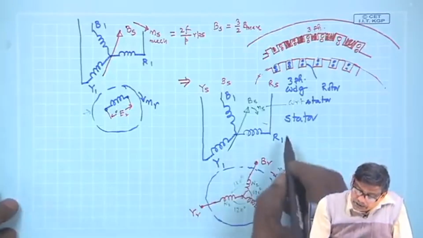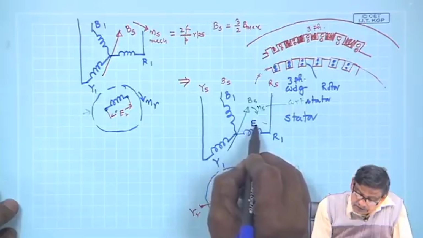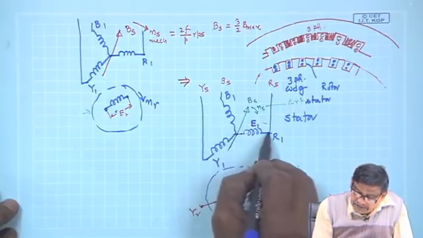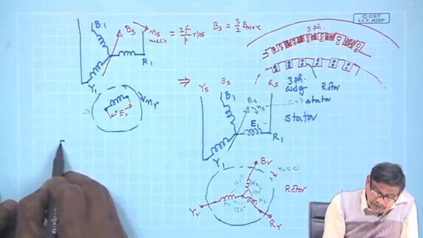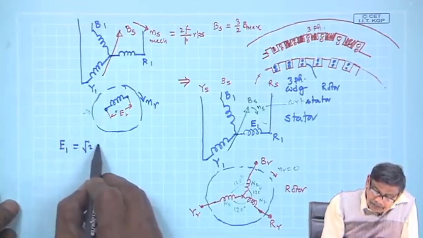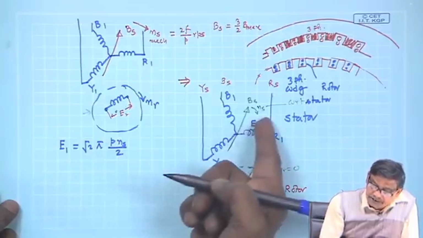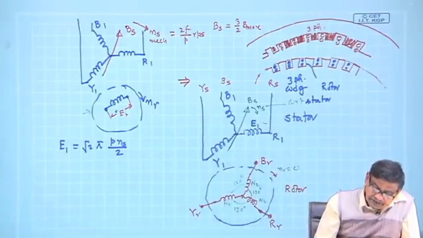And what will be the magnitude of that induced voltage? Suppose I say the voltage induced per phase in the stator coils, RMS value, is E1. It should be √2 π P ns by 2, because stator is of course always stationary.